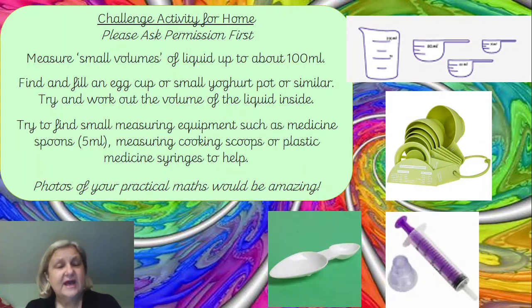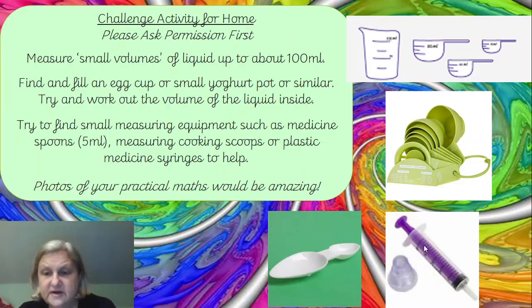And you can try and find some small measuring equipment that might help you. So you might want to do some spoons, see how many spoonfuls it would be. A plastic measuring spoon, like a, I call it a cowpole spoon, is 5 milliliters at one end, and this end is 2.5 milliliters. So if you have something really, really small, you could perhaps count out in fives.